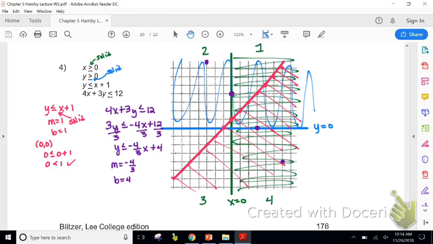Do you switch the direction of the sign no matter what if it's dividing, or only if it's dividing a negative number? Only if by negative. Okay, we can see this one has the equal to on it, so it's going to be a solid line.